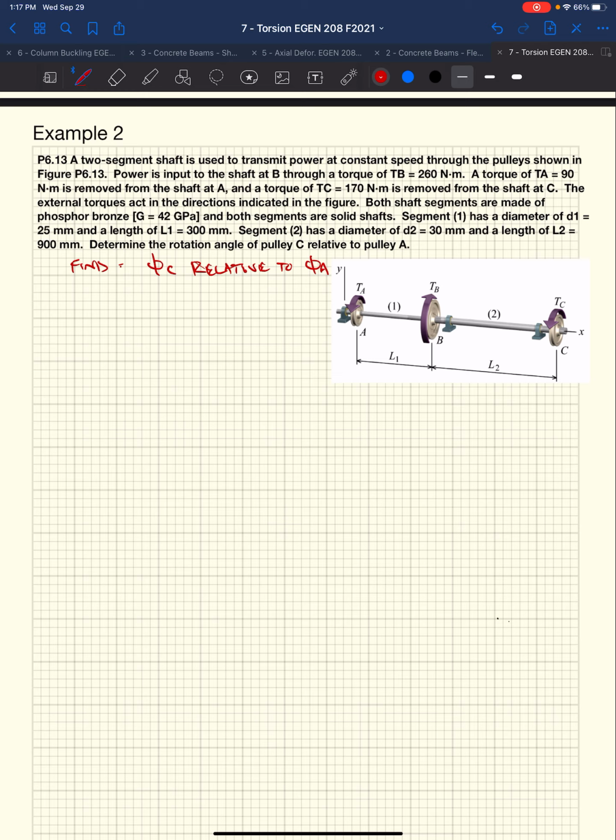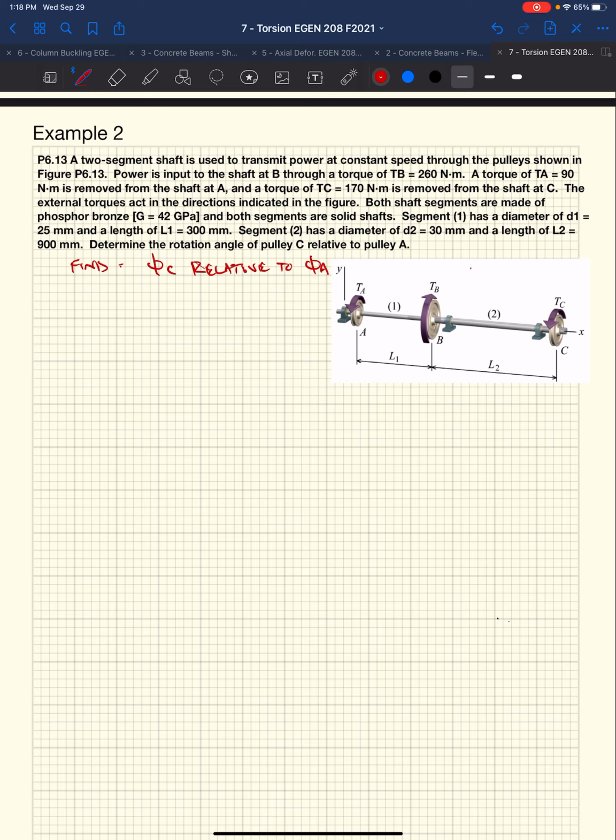So as you can imagine, we're going to be using our rotation is torque times length divided by the shear modulus times the polar moment of inertia equation, right? But in order for that to work, we need to know the length, the shear modulus, and the polar moment of inertia. Well, all of that's based on dimensional and material properties. Those are all given to us. One last thing that's in that equation, though, is torque, right?